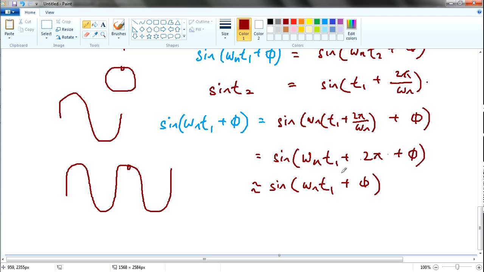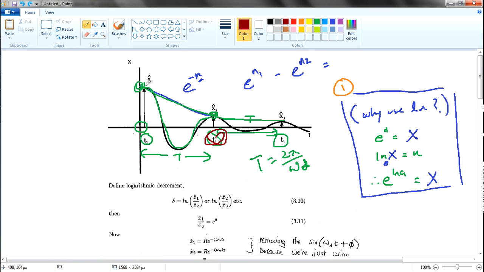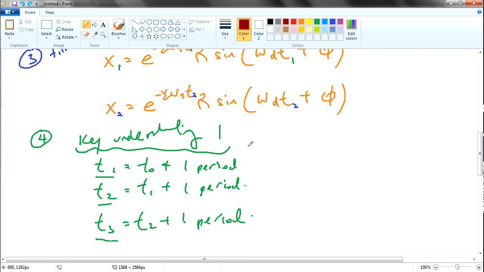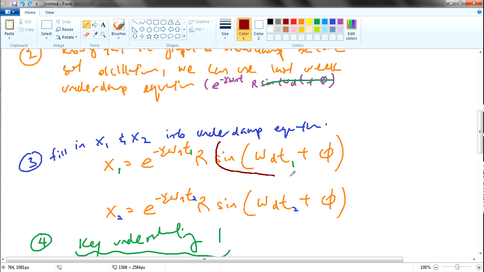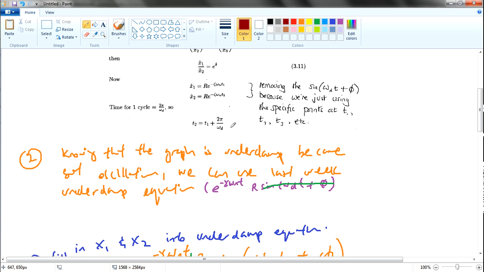This is why I eliminate 2 pi, and therefore we have this thing. This is the same as this. So we have successfully proved that we can assume this portion over here is not used, because we are just using the exponential points to help us predict.